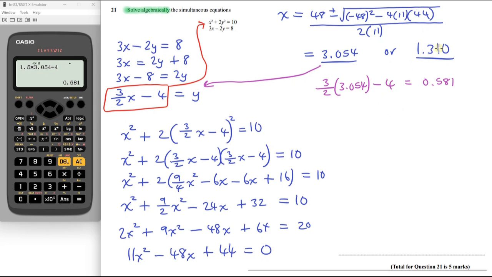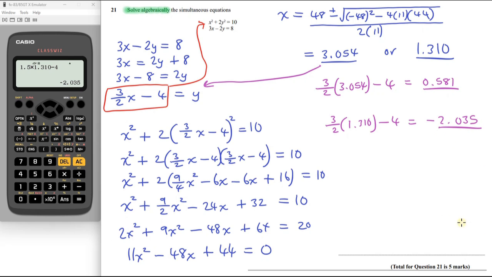And now I'm going to do exactly the same for this solution. So we're going to do 3 over 2 times 1.310 minus 4. I'm just going to take away the 3.054 and replace that with 1.310. Everything else is the same. Press equals and we get negative 2.035. So we've got our solutions for y.